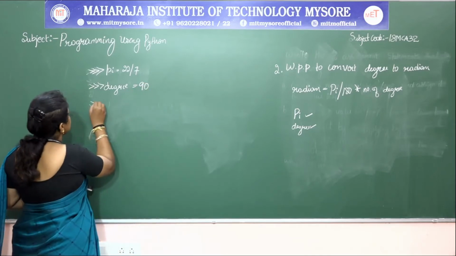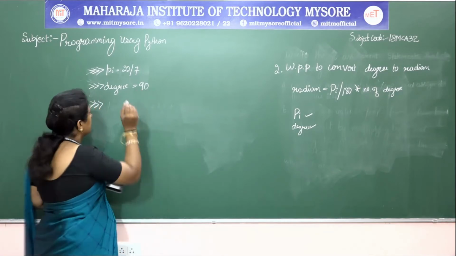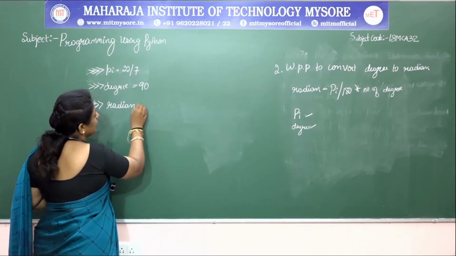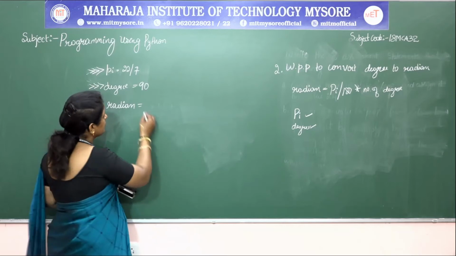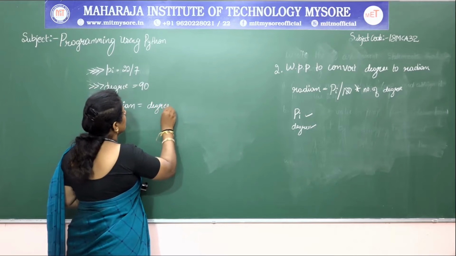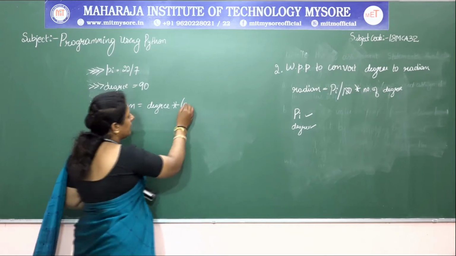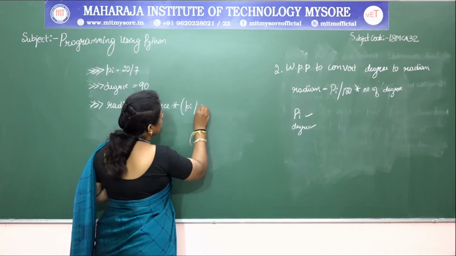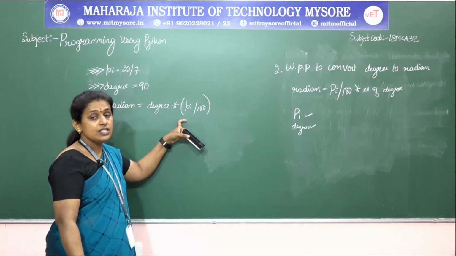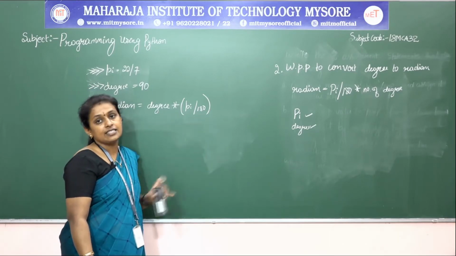Okay, let's calculate the value for radian with respect to the degree, which is 90. So I am taking a new variable called radian. I know the formula, so I am just changing it a bit. First I am going with the degree multiplied by pi by 180, and I have used a parenthesis to get precedence over multiplication, because multiplication and division have the same precedence.